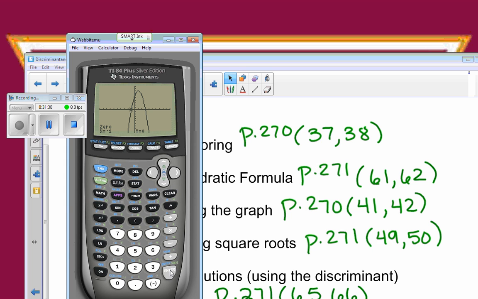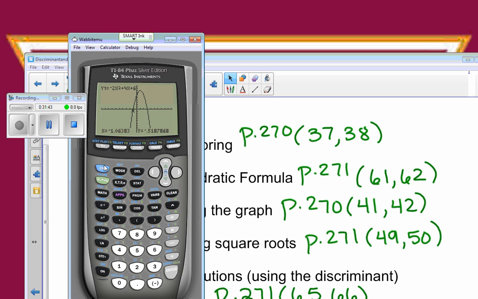If I want to find the other one, I'm going to move my little flasher guy to the other side. So second trace or calculate. Let's try to find the other solution.